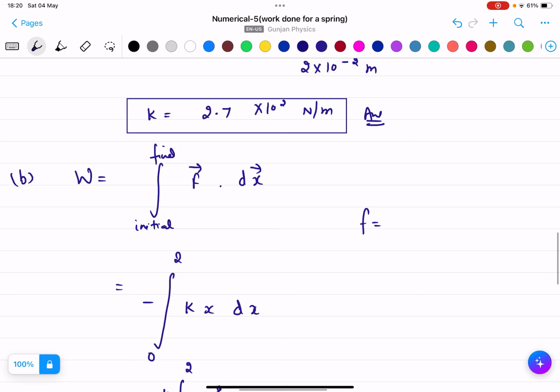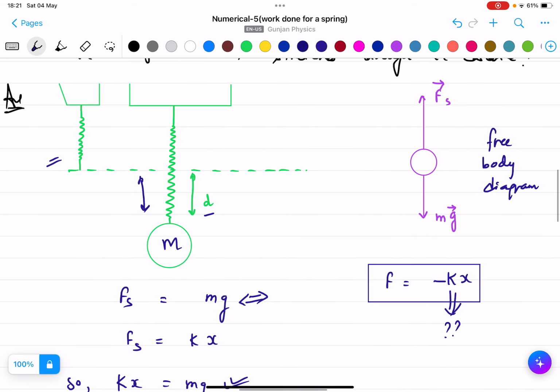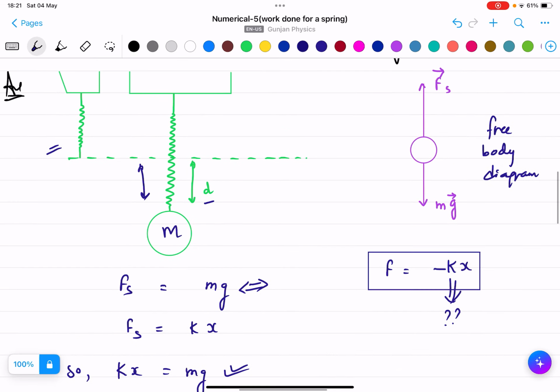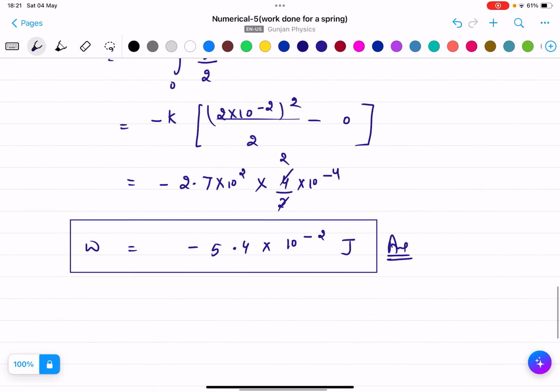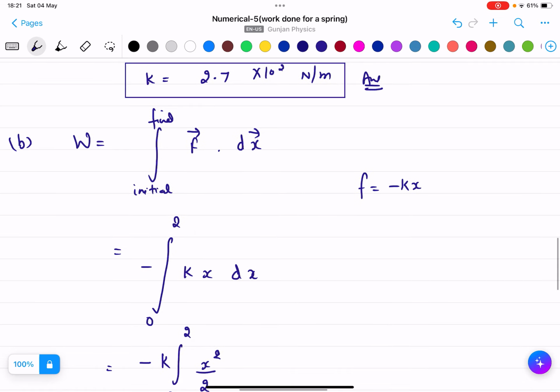Now we will consider this minus sign because we need to find the work done only. Now there is no force which is balancing here. So the work is the integral of minus kx dx, from 0 to 2. Initial is 0 and the displacement it has done is 2, so 2 is the final one.